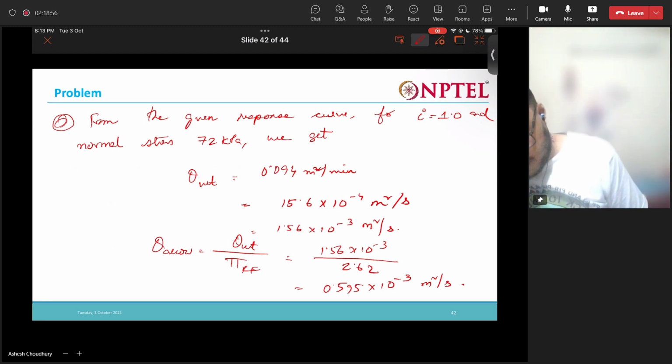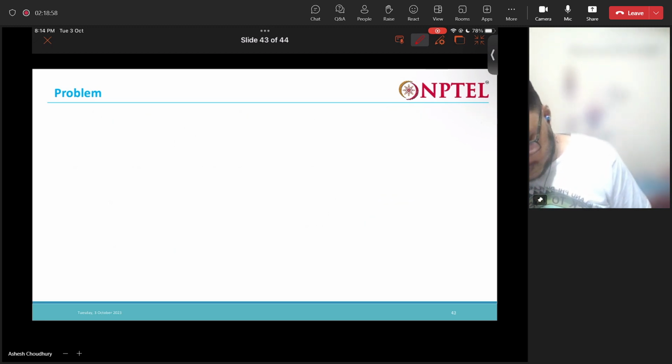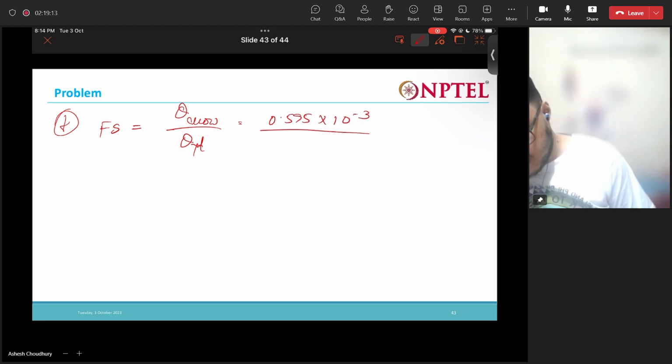Therefore, factor of safety is theta allowable by theta required, 0.595 by 0.4, 1.48, which is marginally safe.